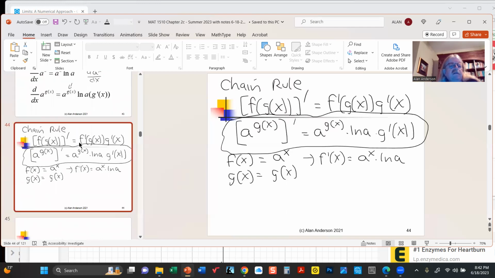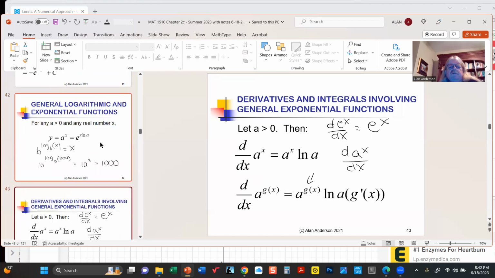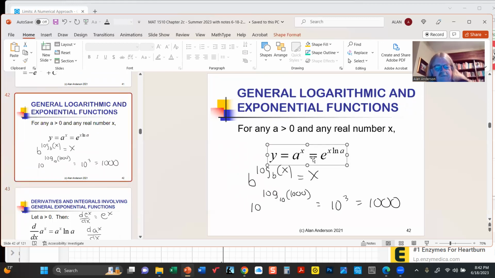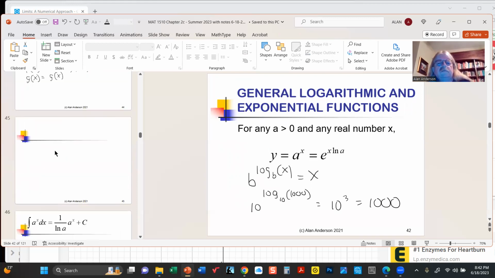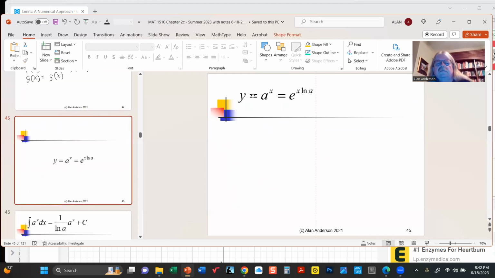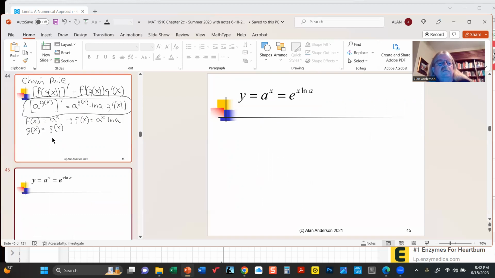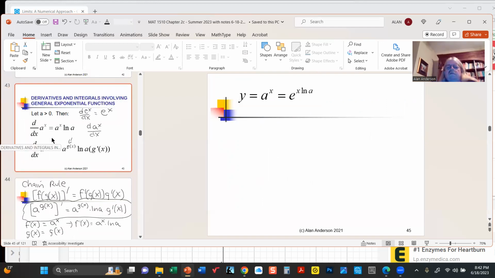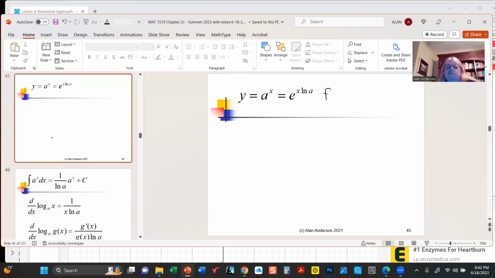Based on this identity, I'll just copy this. Actually, I don't think this is coming from the chain rule.